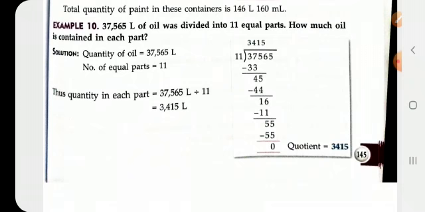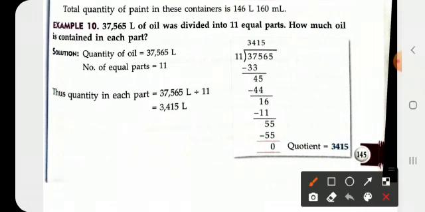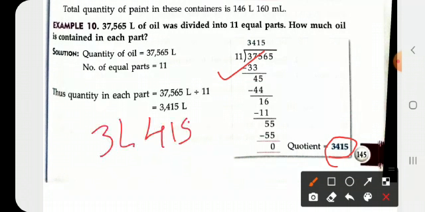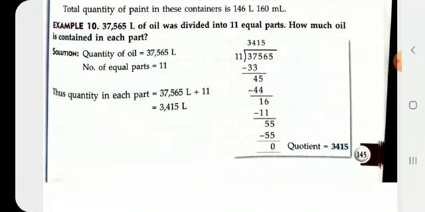So we simply divide this sum and get the answer like this, which can be written like this also, that is 3 liters 415 milliliters. So this is how we can write the answers.